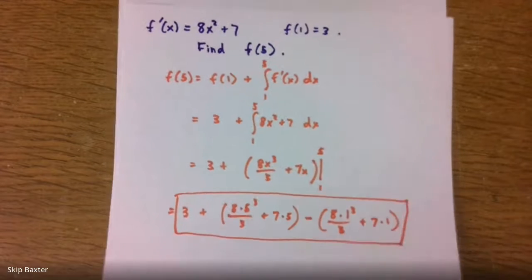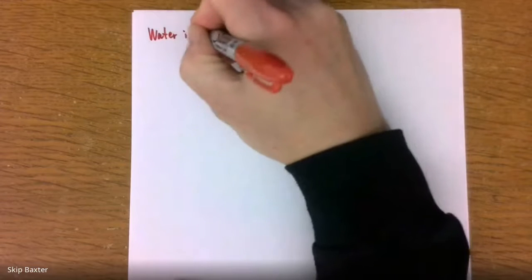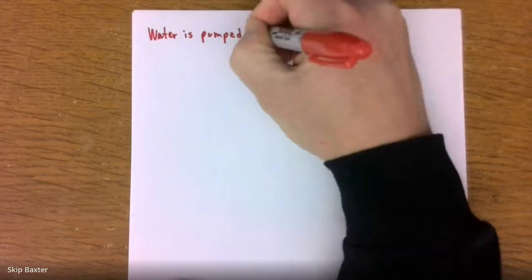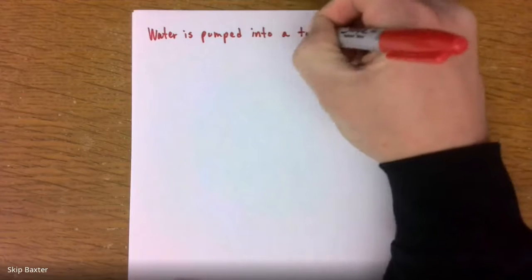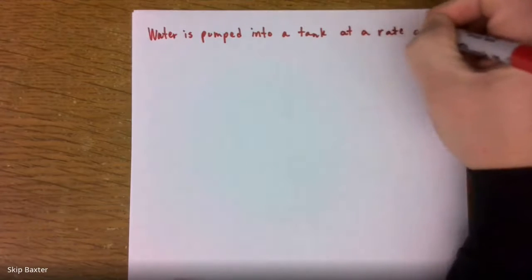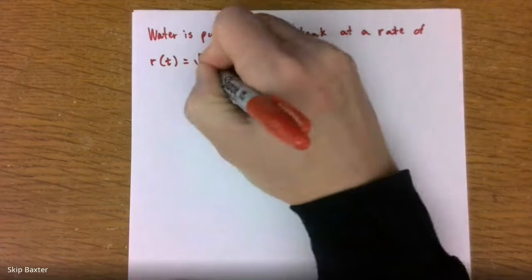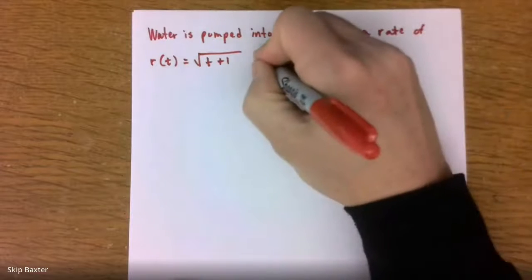Okay. Sometimes you can have applied problems involving this FTC Part 1 as well. For example, suppose water is pumped into a tank at a rate of R of t equals the square root of t plus 1 gallons per minute.